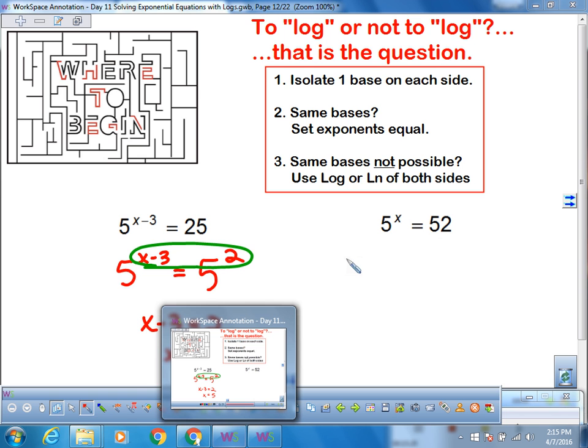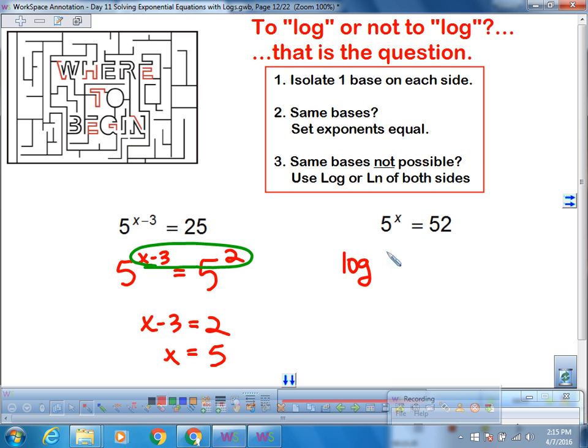Let's see. Log 5 to the x equals log 52. Thou shalt log. What's the base of this log? There's nothing there, so what's the base of it? 10. There's no written base, so it's 10.